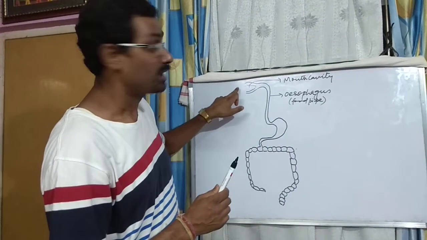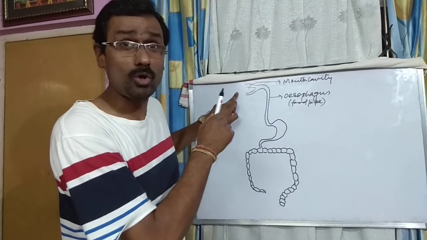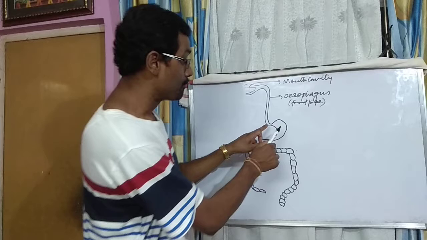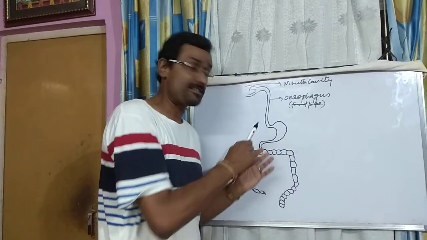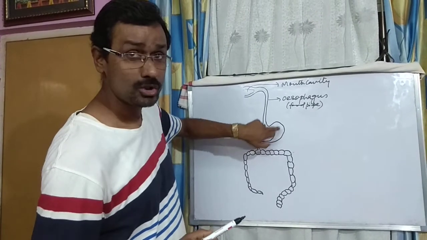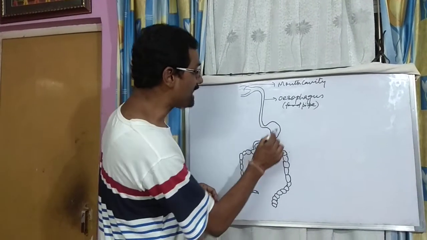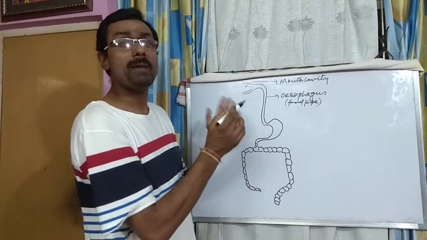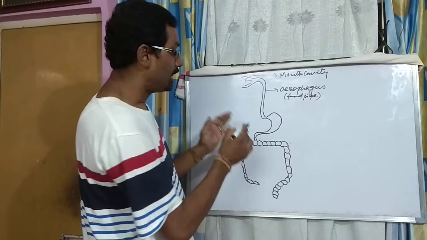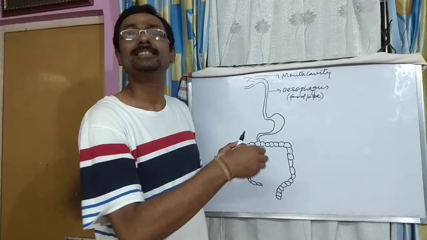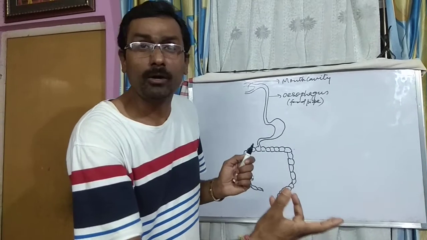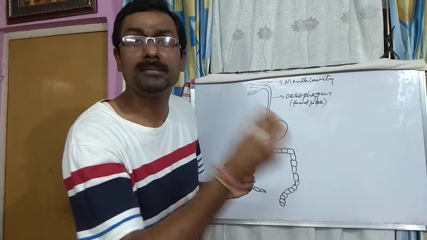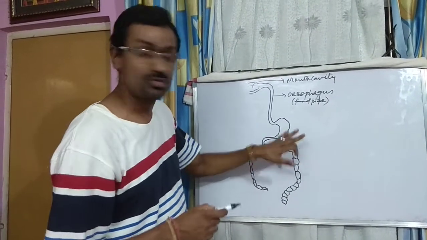So, carbohydrate digestion started, but not completed. Remember, not completed. Protein digestion now will start in the stomach. Due to the action of the pepsin, the food material starts undergoing breakdown into smaller, simpler things called peptones.